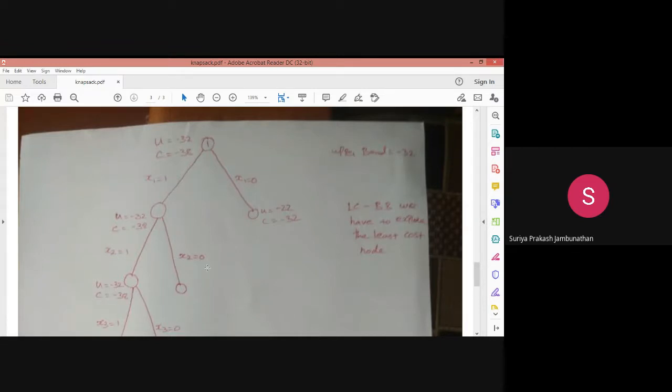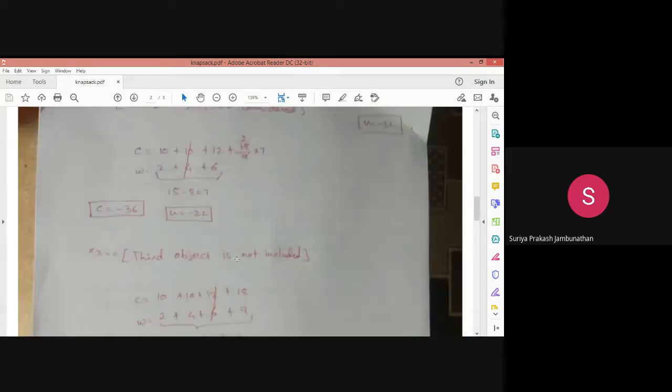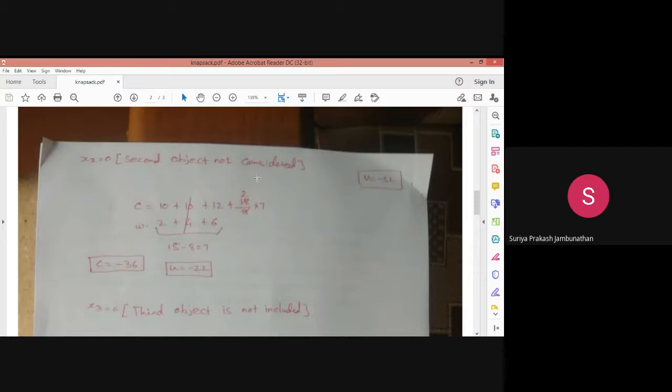But when you are not considering object 2, what happens? Here we have the calculation. So second object not considered. So we are writing all the cost. So second object we are striking out, and 10 plus 10 and the weight is 2, and here the cost is 12 and the weight is 6. So what happens here?